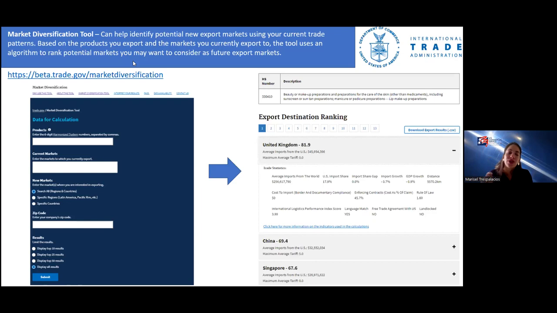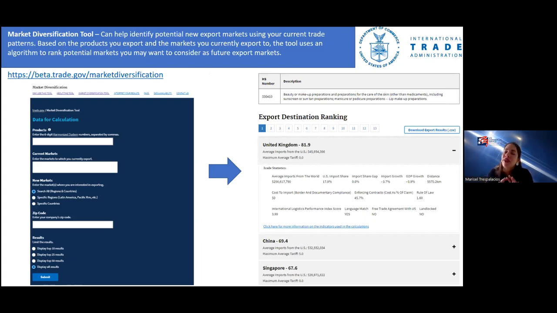It uses the cost to import, the international logistics, whether or not there's a language match, meaning do they speak English, whether there is a free trade agreement, whether it's a landlocked country, the rule of law. So you can see the indicators right here, and you can assign different weights to these indicators.